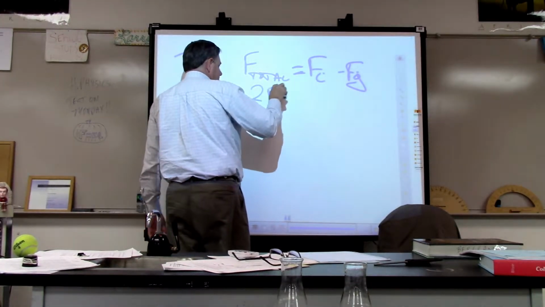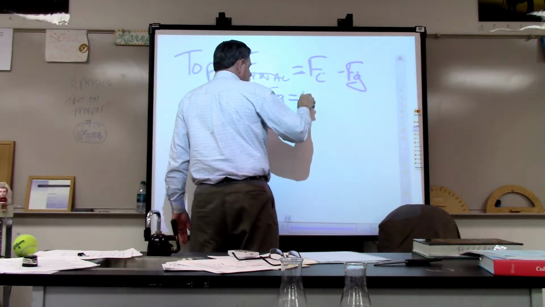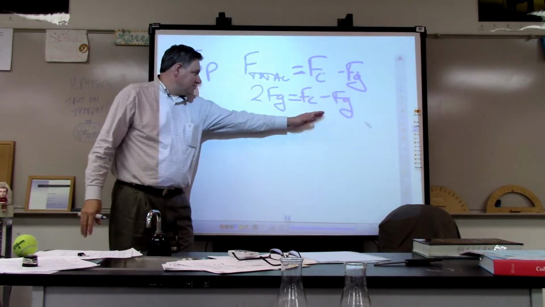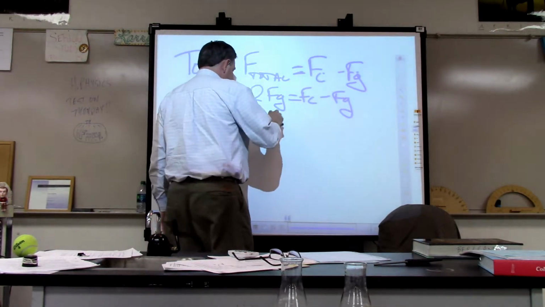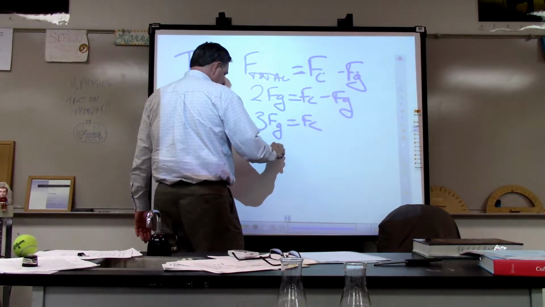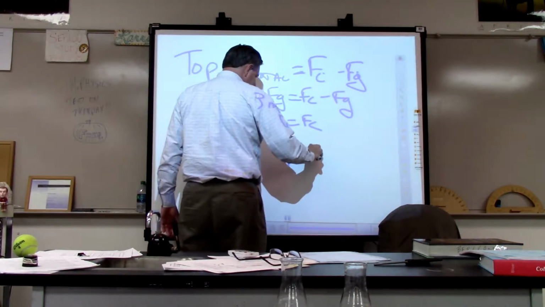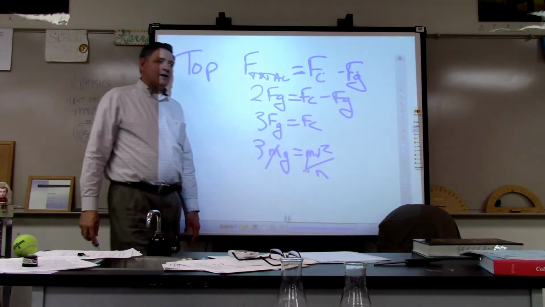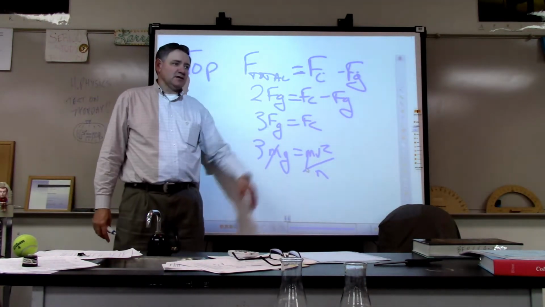So you're going to have 2Fg equals force centripetal minus Fg. You're going to move this over here. 3Fg equals Fc. So that's 3 times mg equals mv squared over r. Masses cancel out. Solve for velocity.